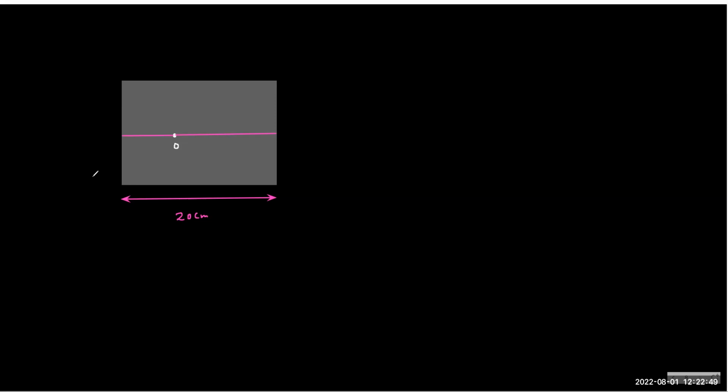Now the object is seen from observer one, and it is also seen by an observer from the other side. So the same thing is observed from two sides, as you can see.